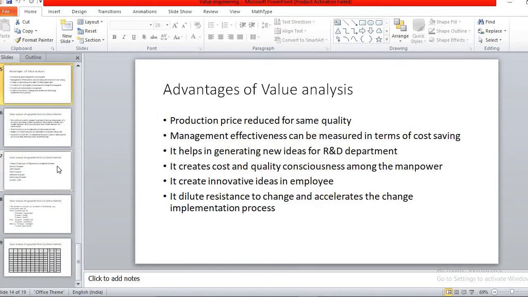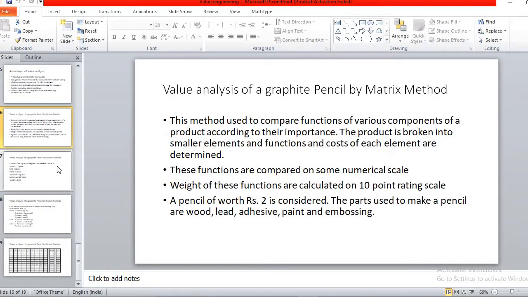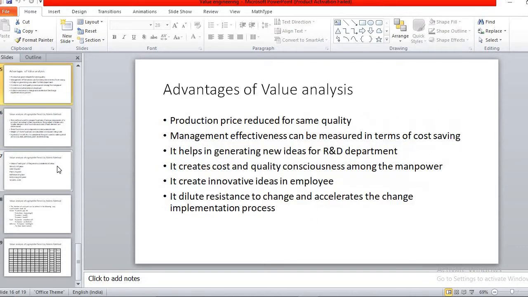So this is the value analysis questionnaire. Now we consider what the advantages are. It reduces the price of the particular product or service with the same quality. Also, the effectiveness of management can be measured in terms of cost saving.